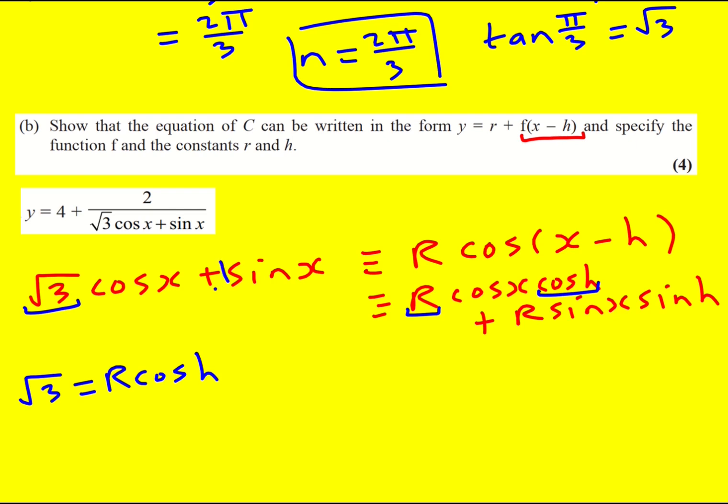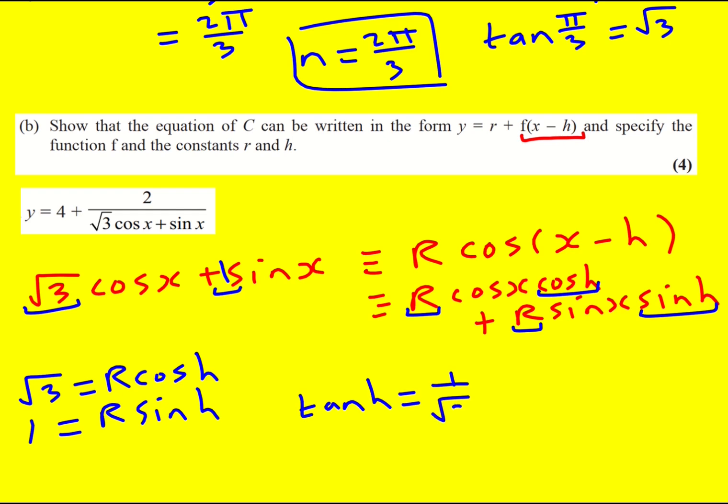And then this is actually a 1, so it must be that 1 is equal to r sine h. We can divide the bottom by the top. So tan h is going to be 1 over root 3, and h is going to be pi over 6.